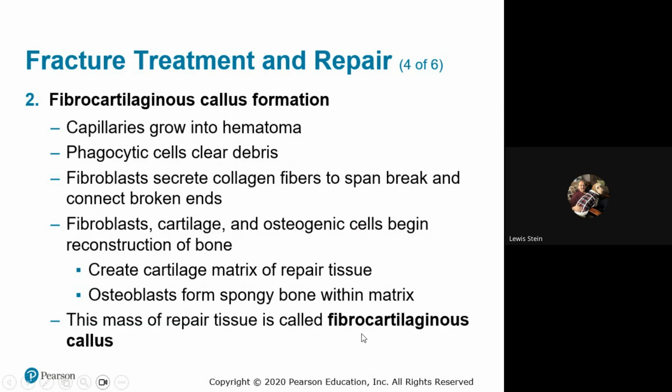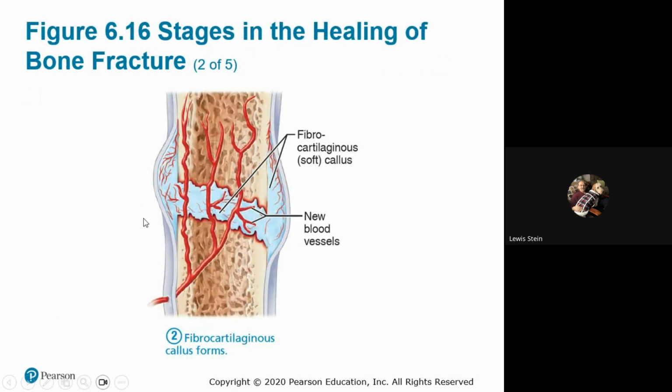But in the early phase, it's fibrocartilaginous callus. You can see it here, little bits of blood vessels going in, soft, not so soft. Really, the way we tell clinically, we'll see little flecks, maybe of calcification going on, but if you try to move it, it's very painful. And actually, you can sense that it's moving a little bit.